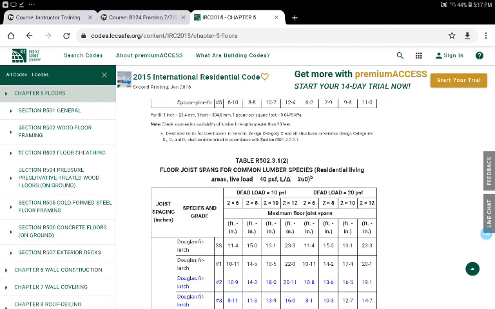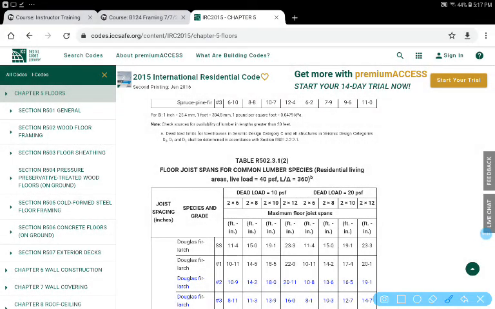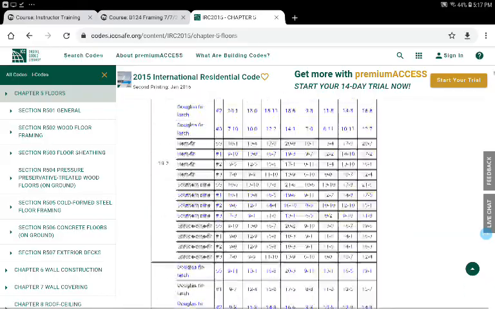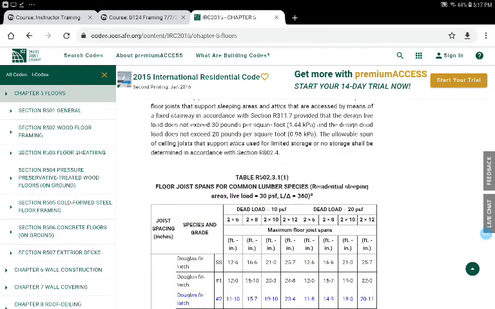So typically in residential construction, you either build to a live load of 40 PSF, pounds per square foot, or 30 PSF. Typically bedrooms are 30, I'm sure just because the weight factor is less in a bedroom for some reason.